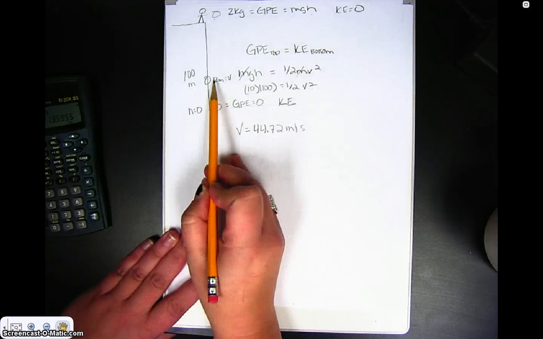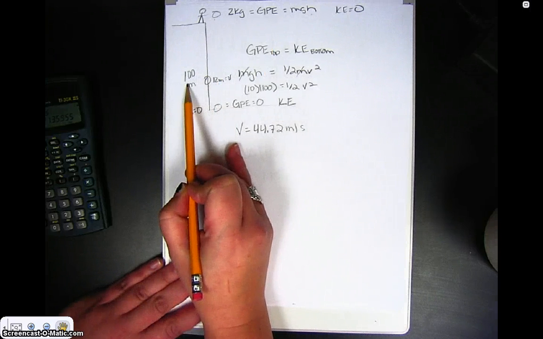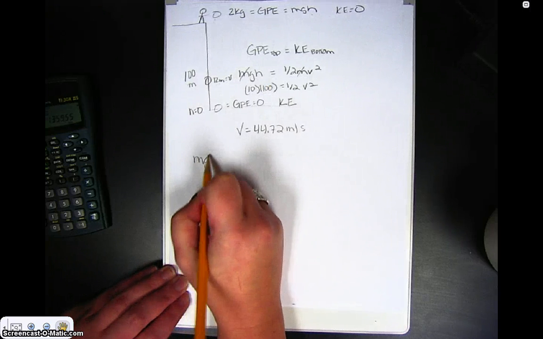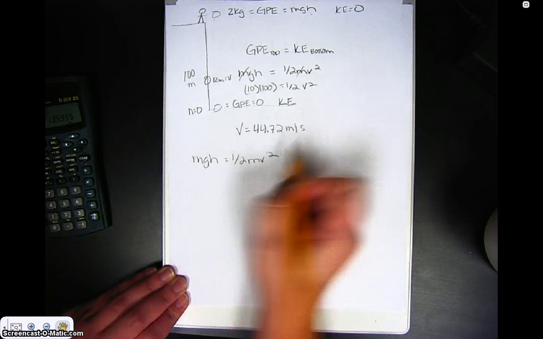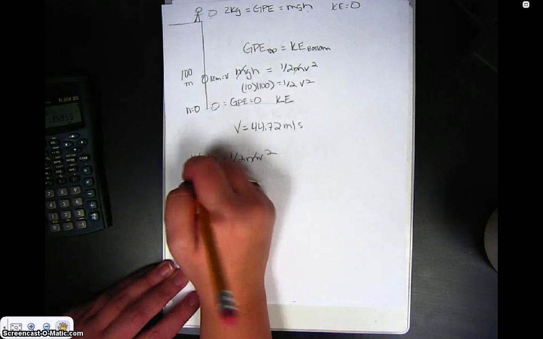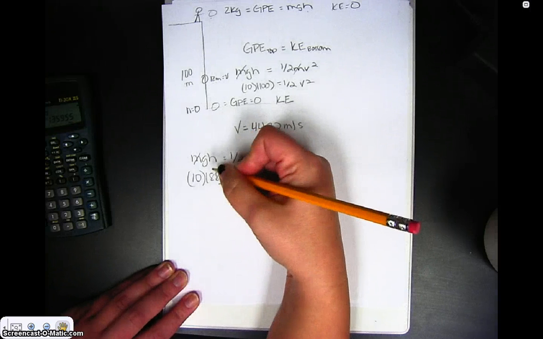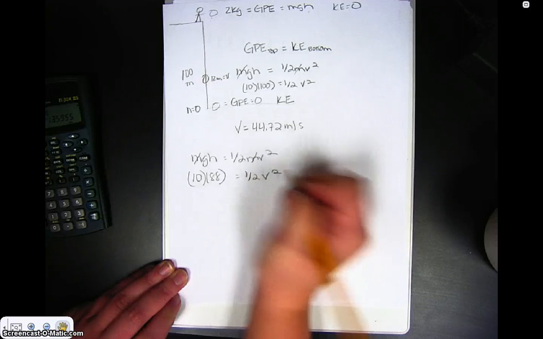So we know that the difference in the height would be from 12 to 100, right? So that's 88 meters. So I know that the mgh is equal to the 1/2 mv squared. And in this case, the masses are going to cancel again. And I would just say 10 times 88, so that's the change in the gravitational potential energy there, is equal to 1/2 v squared.